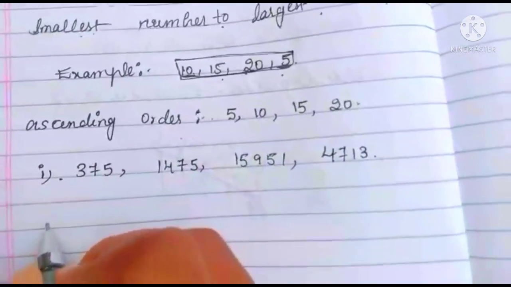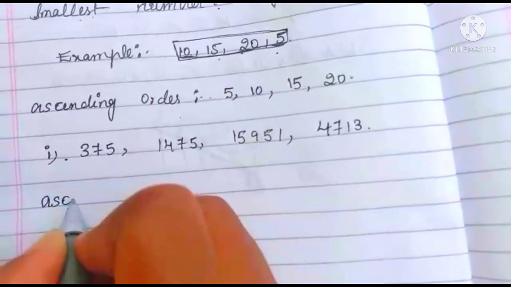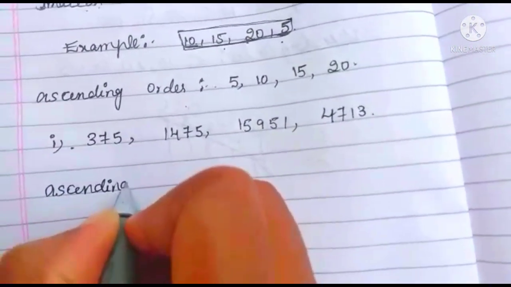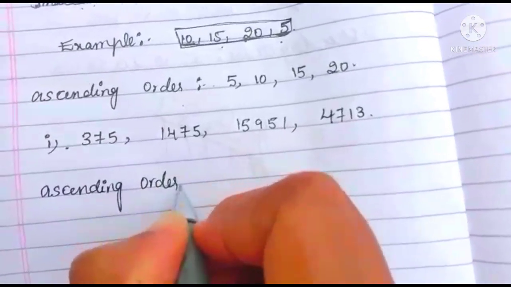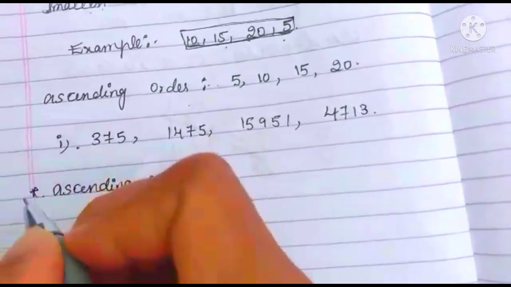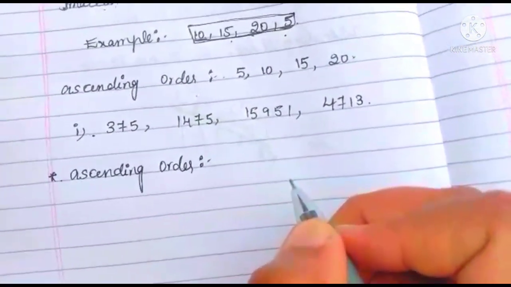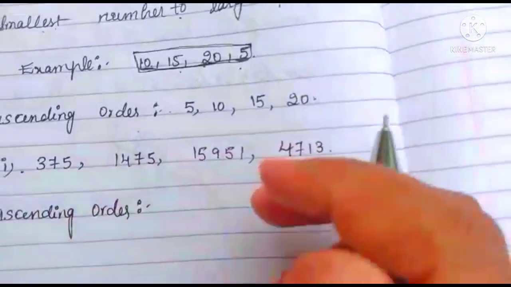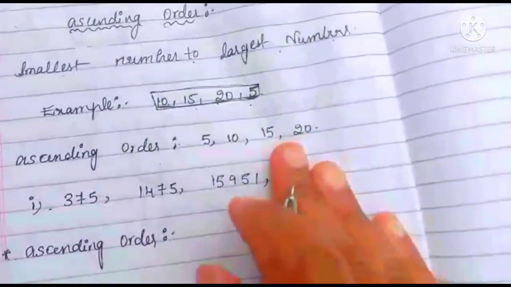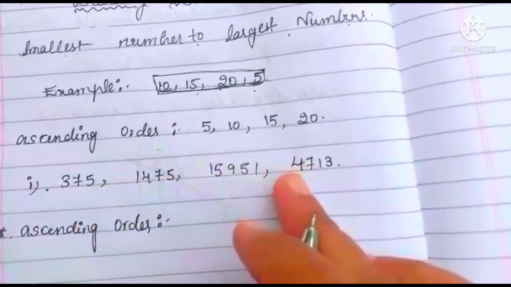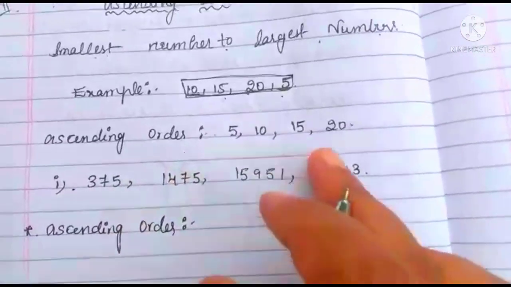Here see, now we have to arrange it into ascending order. Ascending order means what? Small number to large number. Here, which is the smallest number? Which one is the small number?